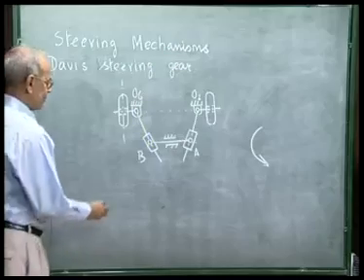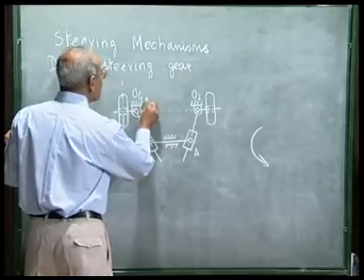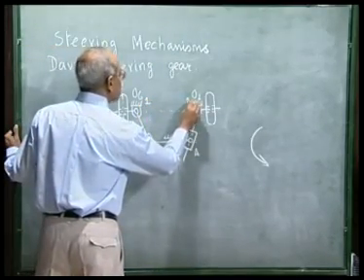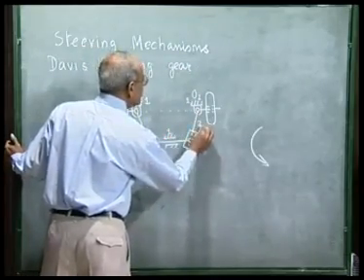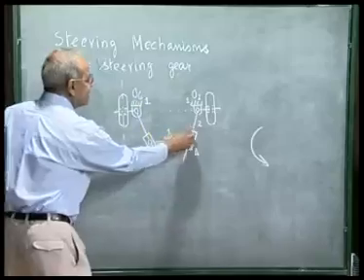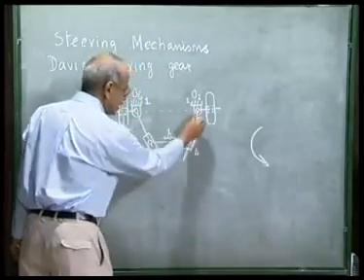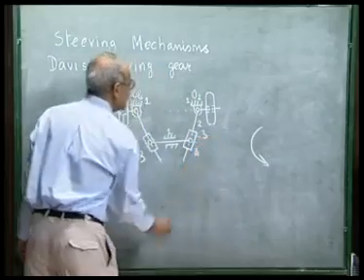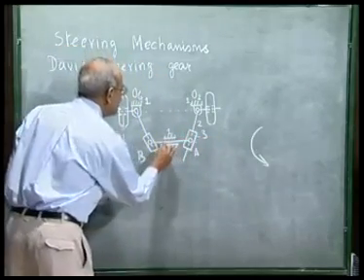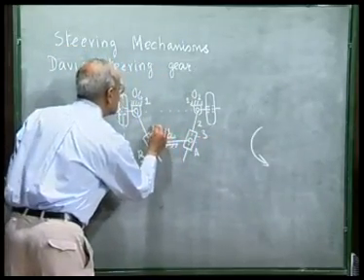This is a 6-link mechanism. Link number 1 refers to the body of the automobile. This is link number 2, and this block in which this link number 2 can slide, this is link number 3. Link number 3 is hinged to this link, which is link number 4.